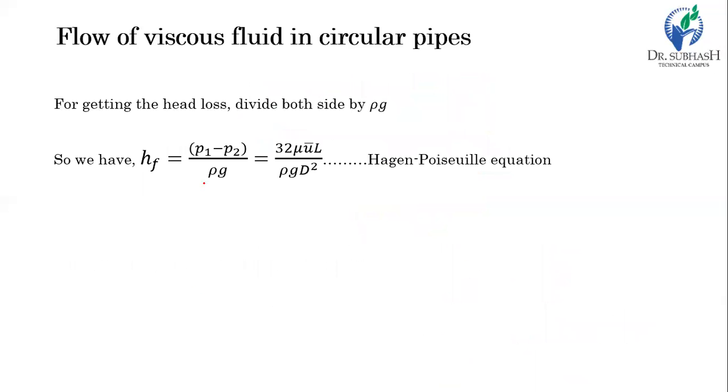So if we divide by rho g on both sides, we get the equation of head loss in circular pipe flow of viscous fluid, which is equal to 32 mu u bar L upon rho g d square. This equation of head loss in the circular pipe when viscous fluid is flowing is called the Hagen-Poiseuille formula, and it is a very important formula for derivation purposes.